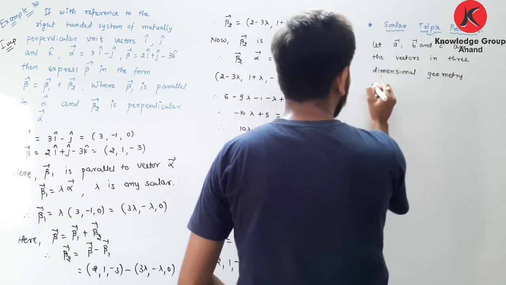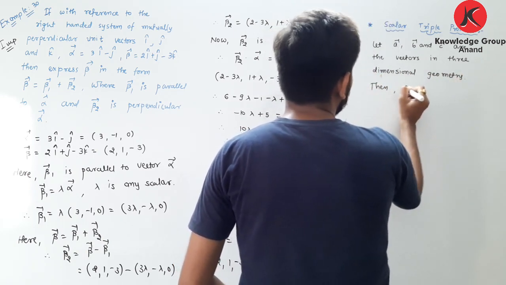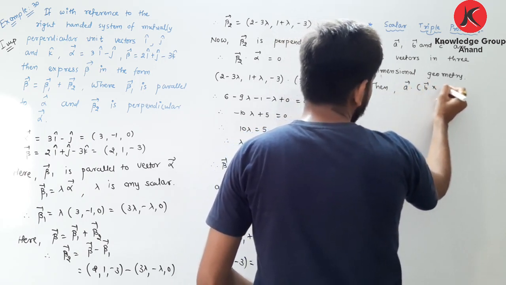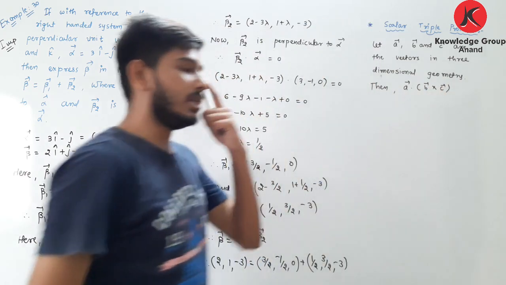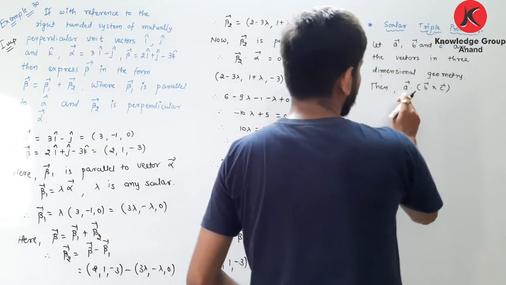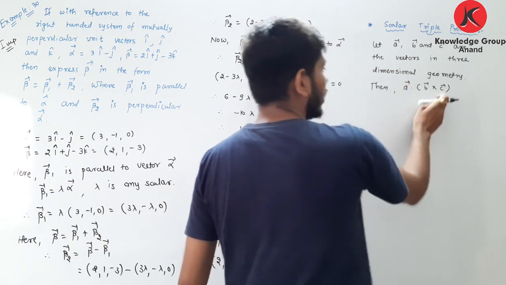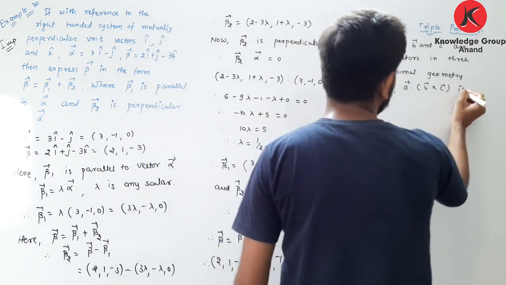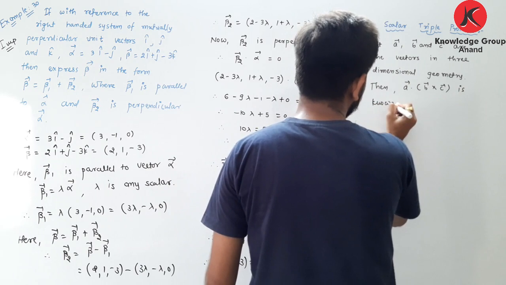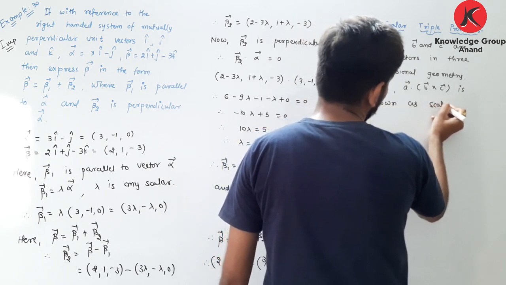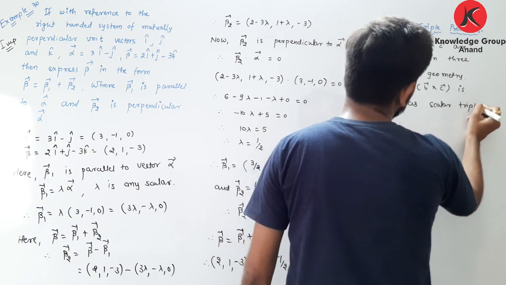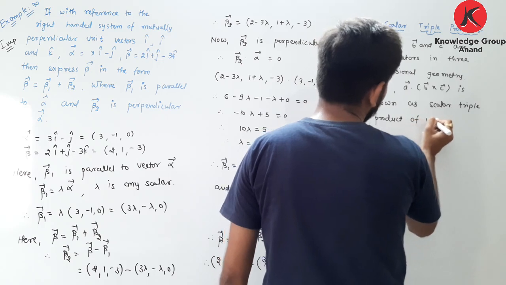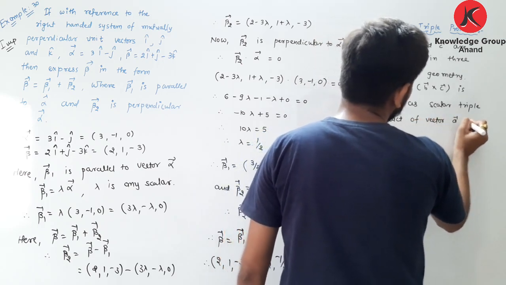Then A bar dot B bar cross C bar, or we can say the scalar product of vector A with B bar cross C bar, is known as the scalar triple product of vectors A bar, B bar and C bar.